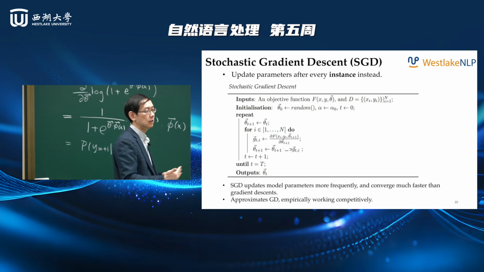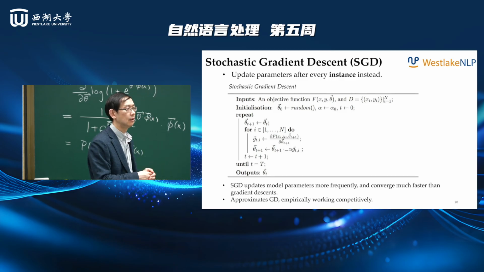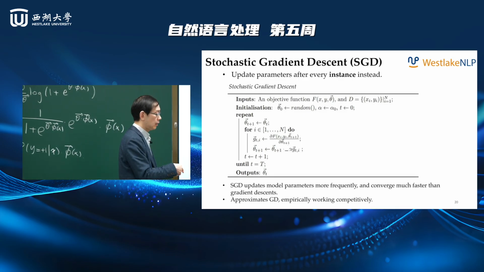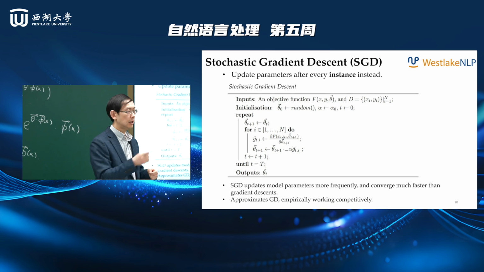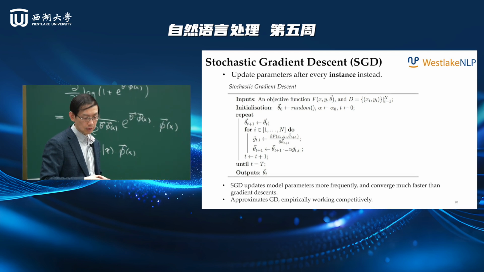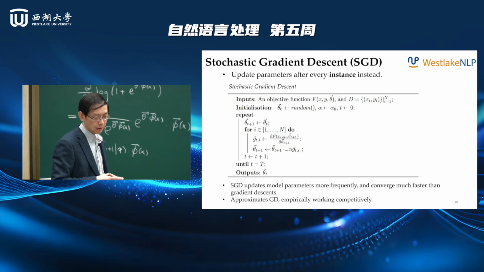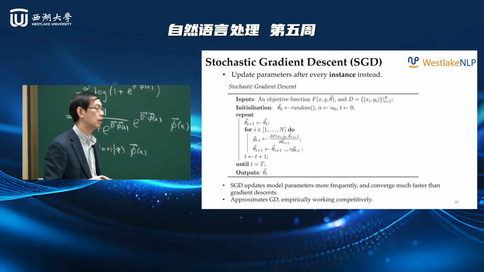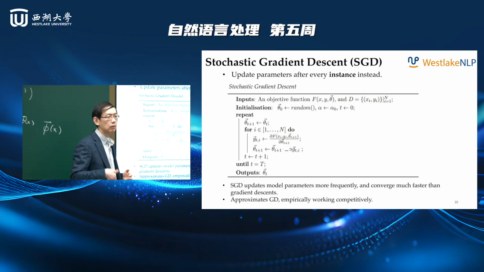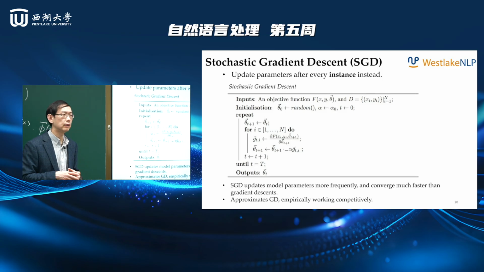Instance by instance: I check one instance, I go down. Check another instance, go down. Check another instance, go down. Now this time we don't measure whether our model converges or not. We just iterate over all the training data for capital T iterations.